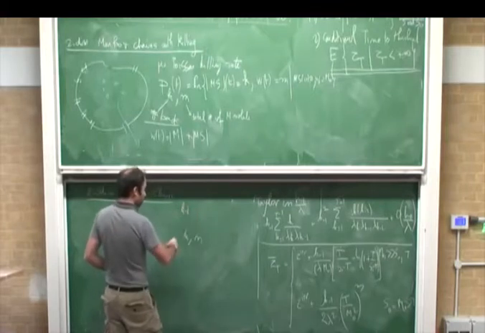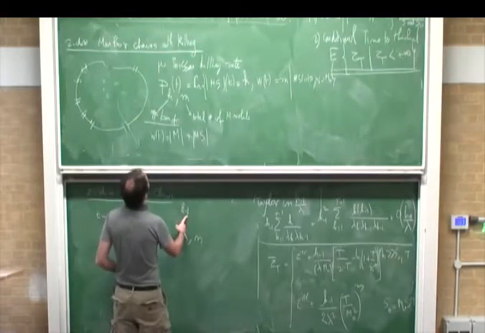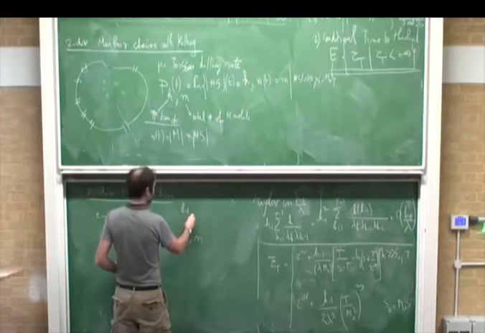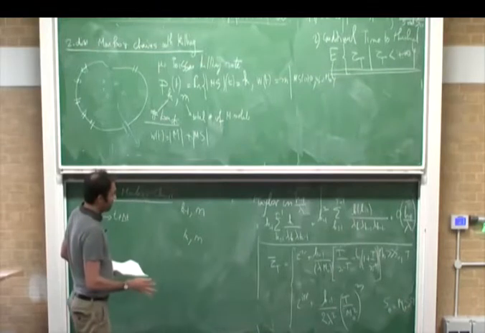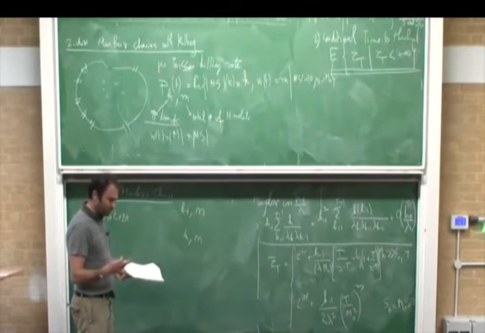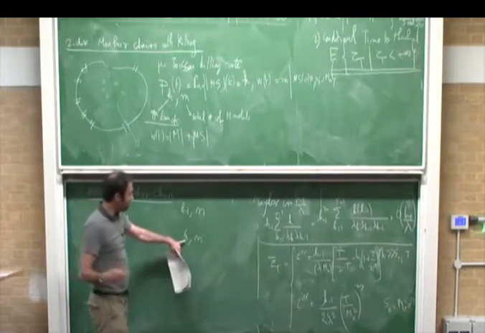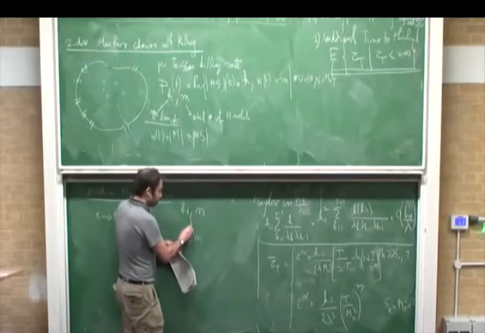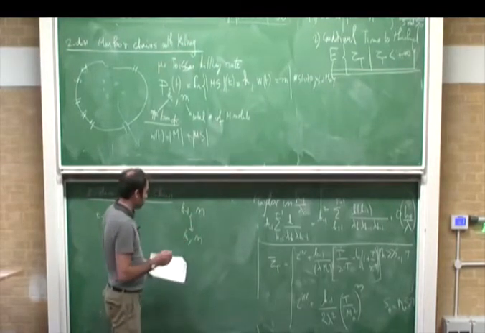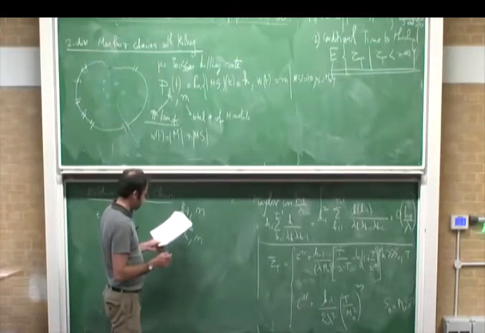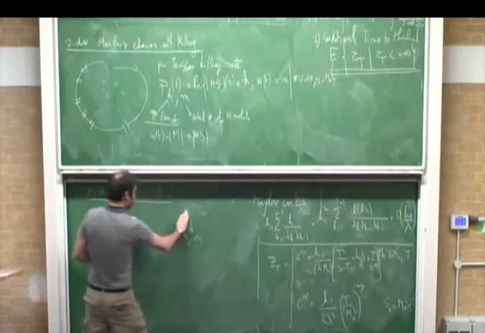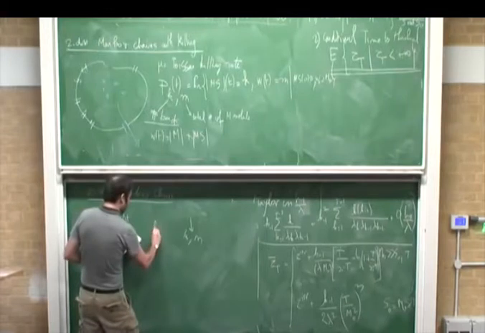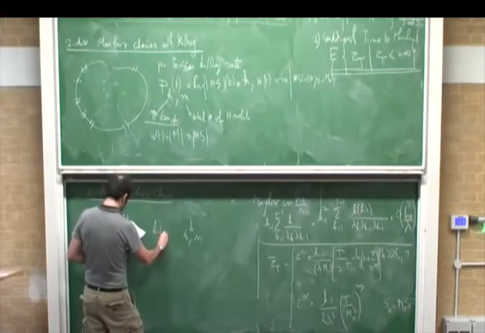Before, you could be with k minus 1 bound and m particles, and now you arrive at k. It means you bind now. I'm sorry, let's write it this way: k minus 1 and m.